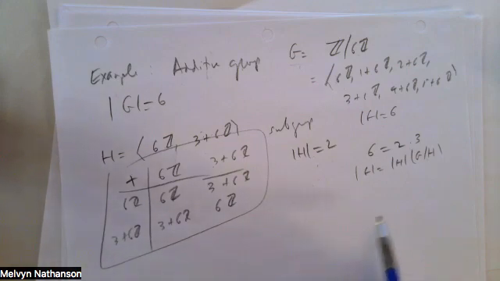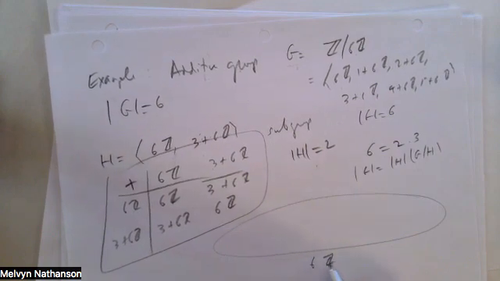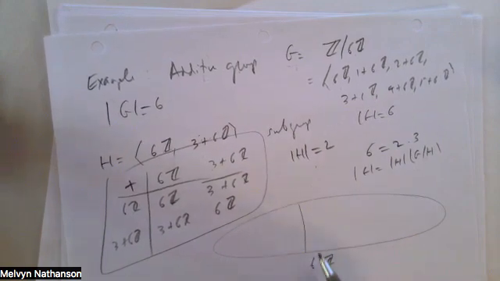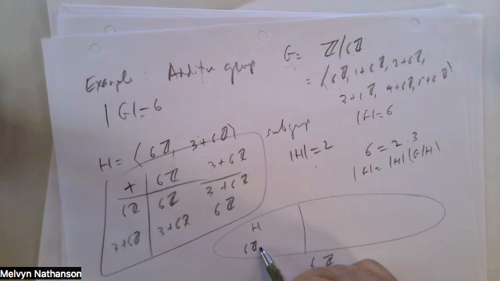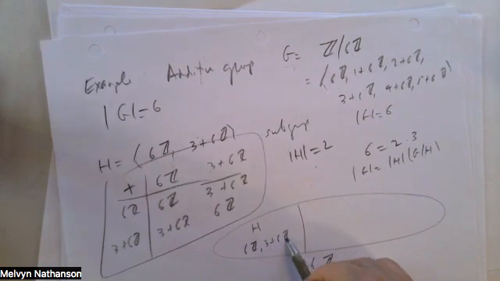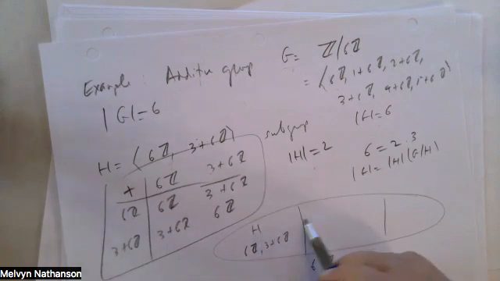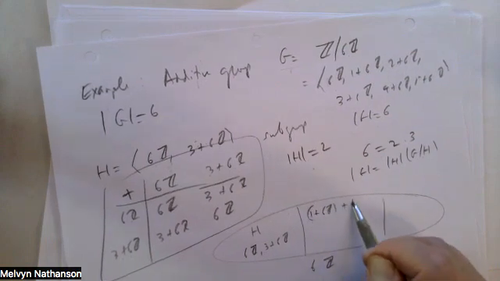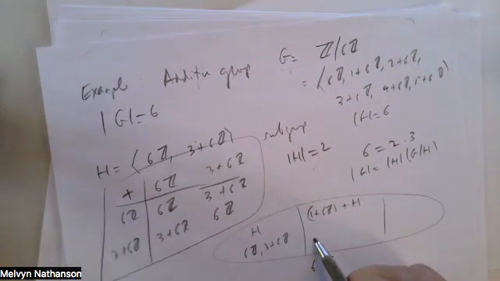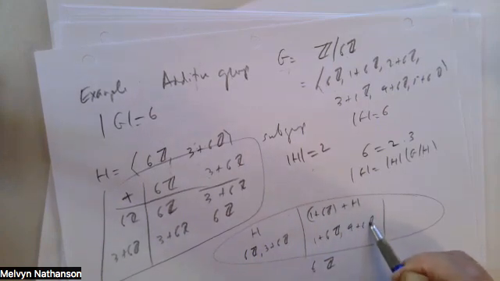In fact, if we take 6Z, I can divide it up into 3 sets. I have H, which is equal to 6Z and 3 plus 6Z. Then I have 1 plus 6Z plus H. So that's the classes 1 plus 6Z and 4 plus 6Z.